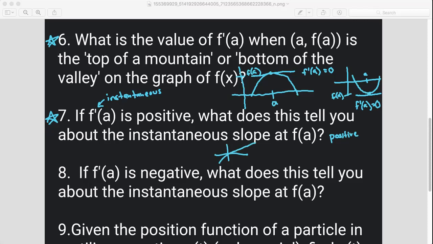And similarly, if f prime of a is negative, for problem 8, if f prime of a is negative, that tells us that the instantaneous slope at f of a would be decreasing. Or excuse me, that the instantaneous slope would be negative, because if the derivative is negative, the function is decreasing.